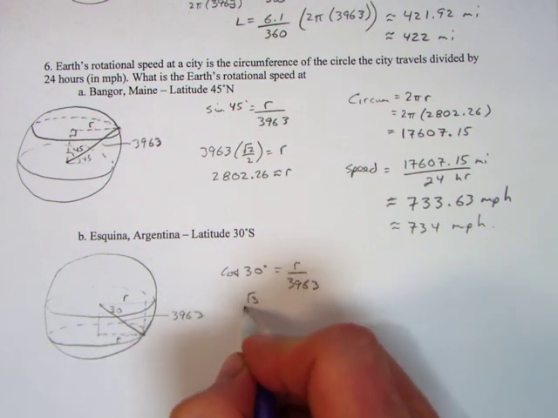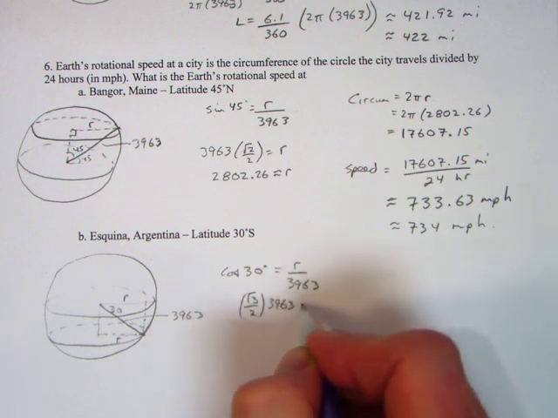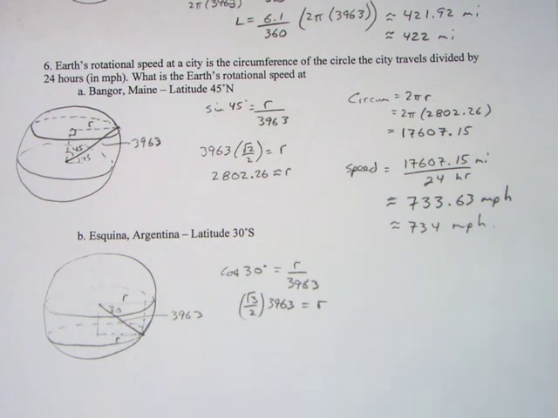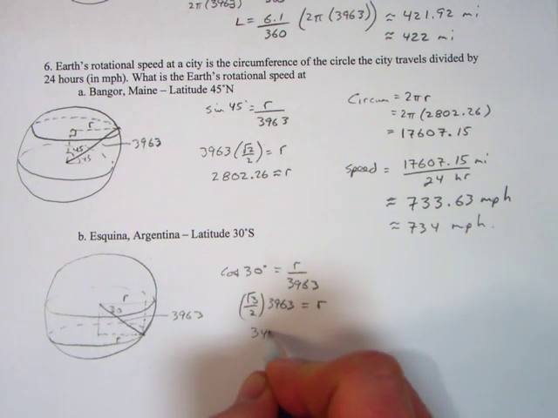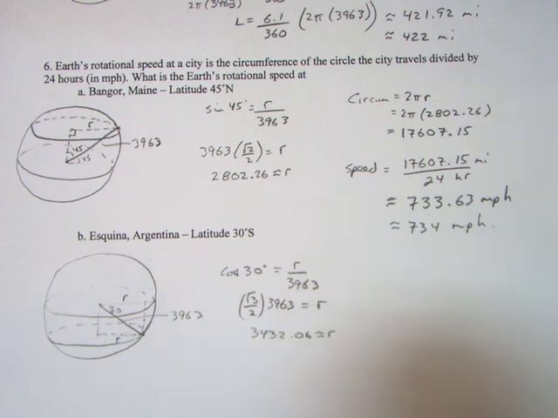Now we know the cosine of 30 degrees is square root of 3 over 2 times 3963, and that equals R. So let's type that in, 3963 times square root of 3 over 2, and we get 3432.06 is about equal to R.